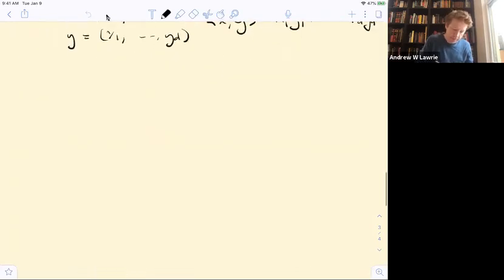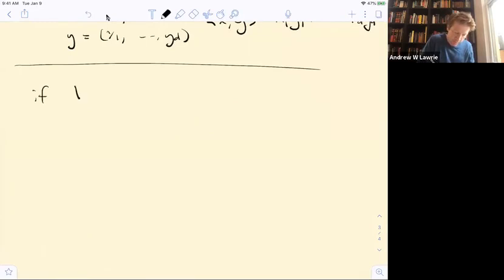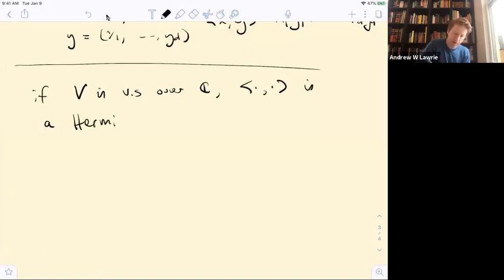So if V is a vector space over C, we'll consider this case, which contains the other cases.